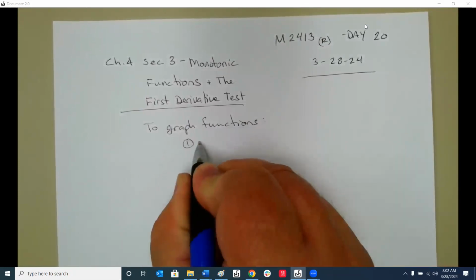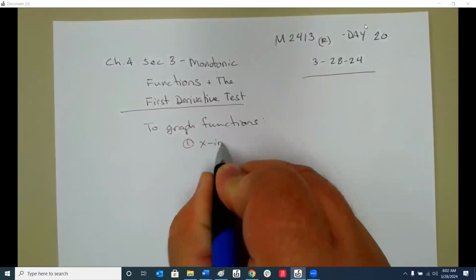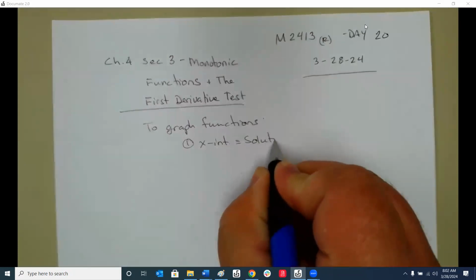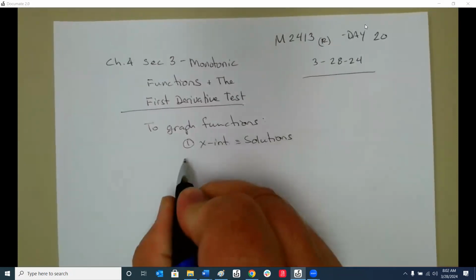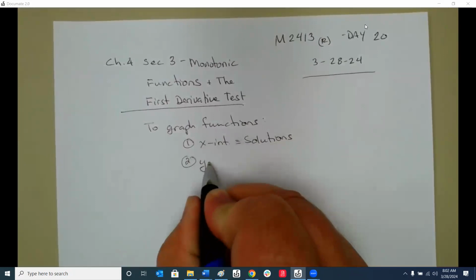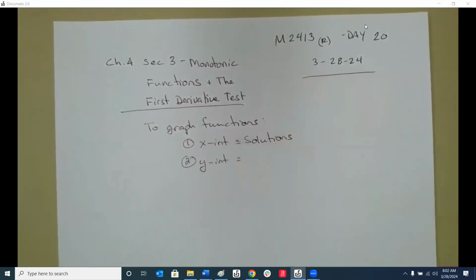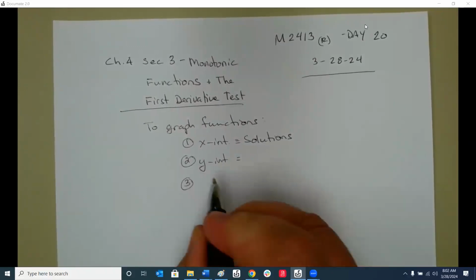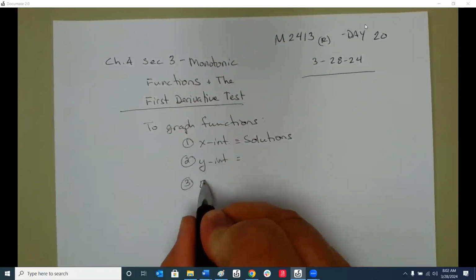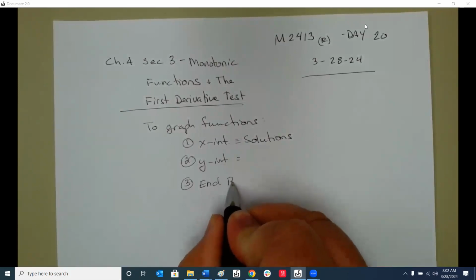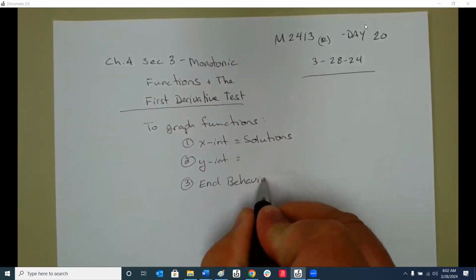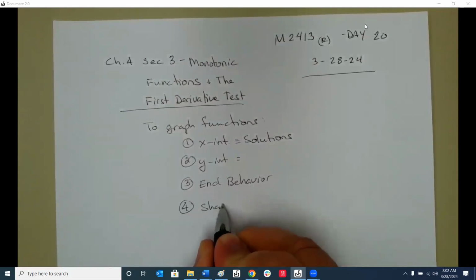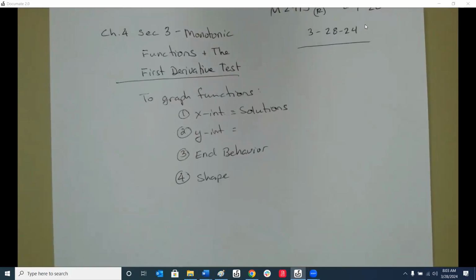you need the x-intercepts, which are the solutions. You need the y-intercept. You have to know the end behavior. The shape of the curve.